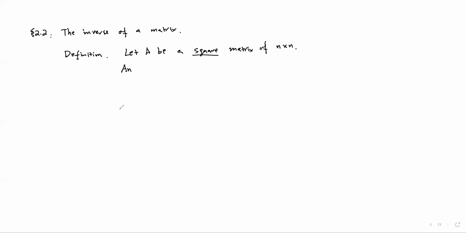If you can find another matrix C, the same size, C is the inverse of A if the following two equations hold: A times C is the identity matrix.